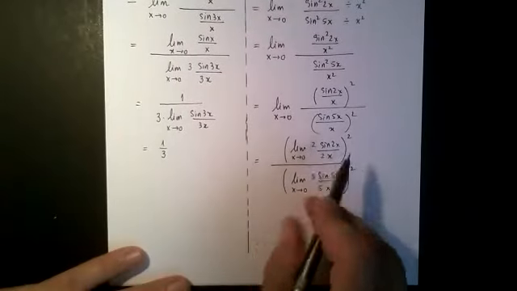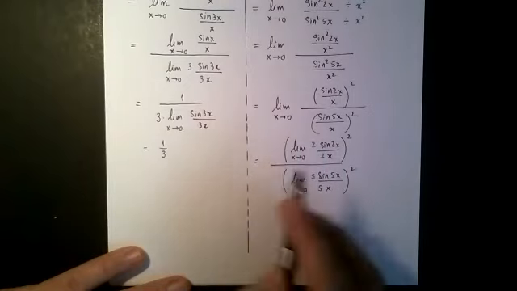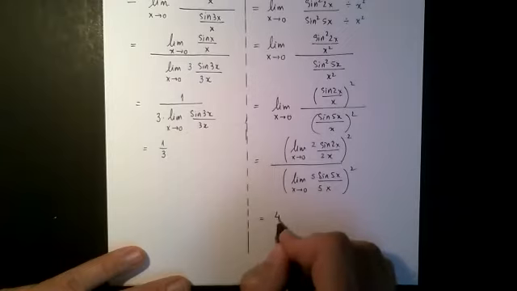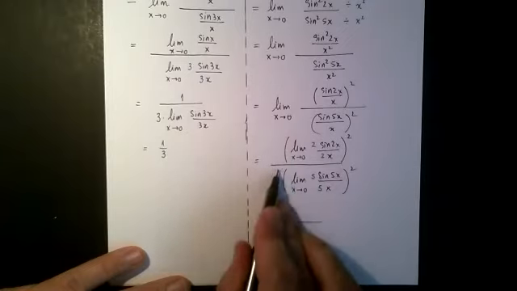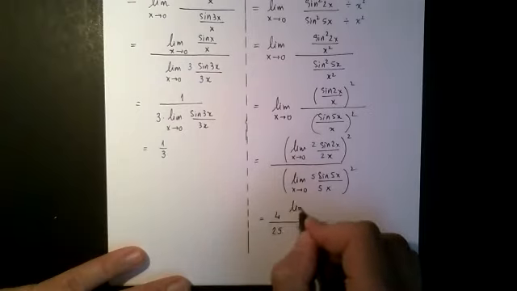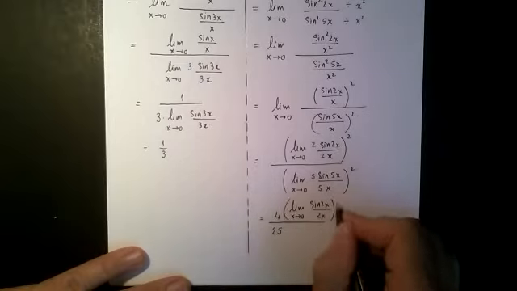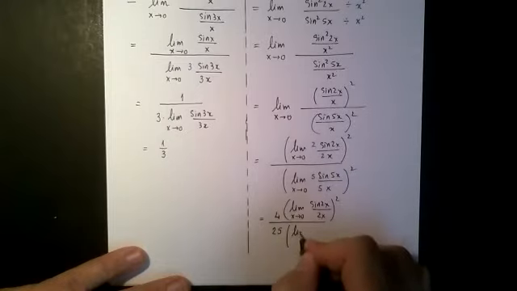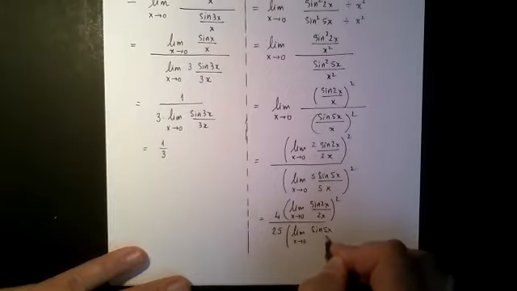Okay, and now I'm going to extract the 2 outside the limit and then outside the square it's going to become 4. And on the bottom, I'm going to extract the 5 out of the limit and out of the square. It's going to become 25. And that's it. I'm left with limit as x approaches 0 of sine 2x over 2x, all this squared, and at the bottom, limit as x approaches 0 of sine 5x over 5x, squared.